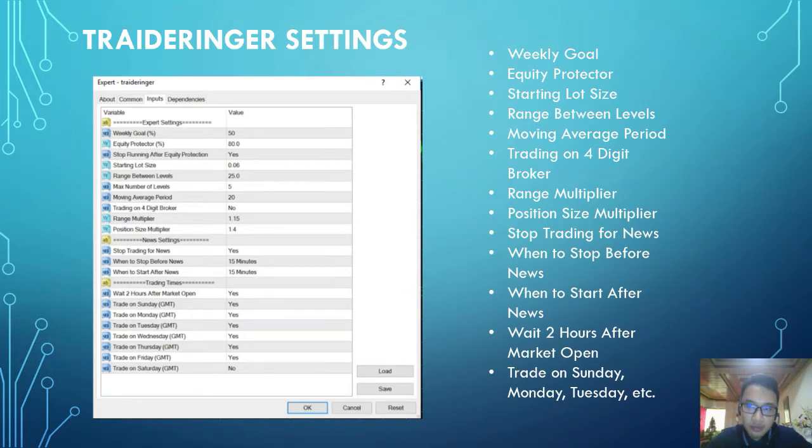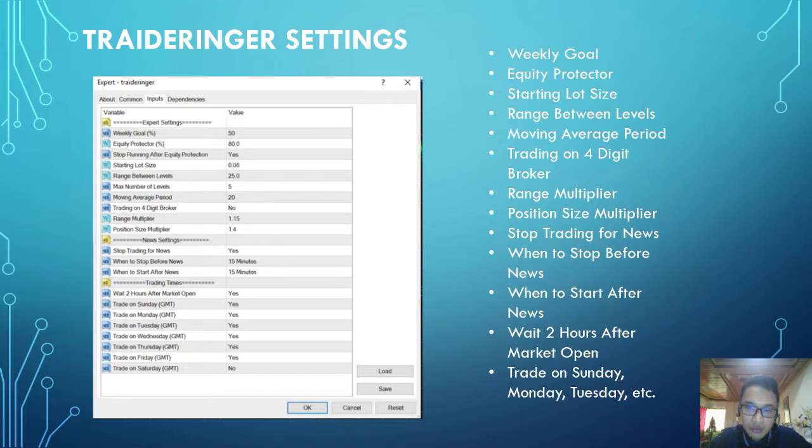Now, I always advise people to set it higher, like 80% or 100%, because in Forex, whatever goes up always goes down, and whatever goes down always goes up. We just don't know when it will go down again or when it will go up again.